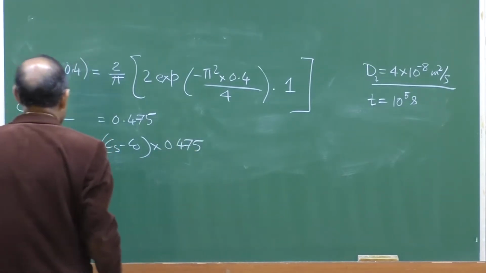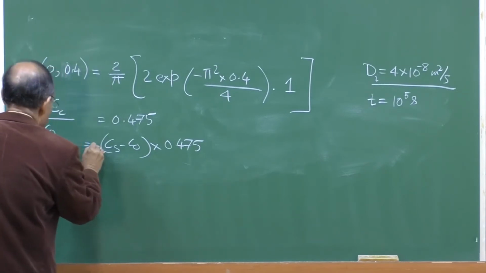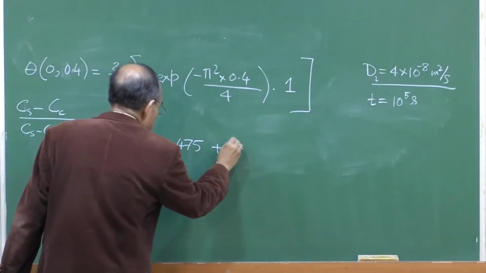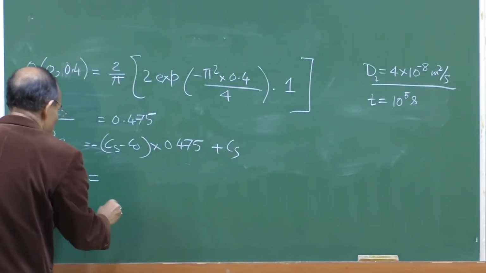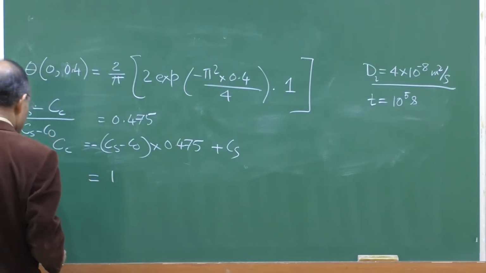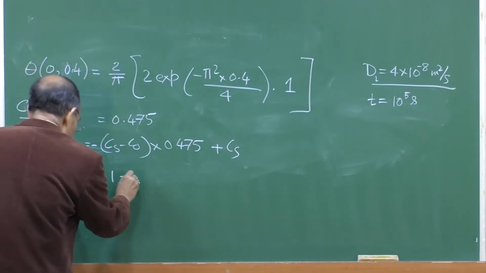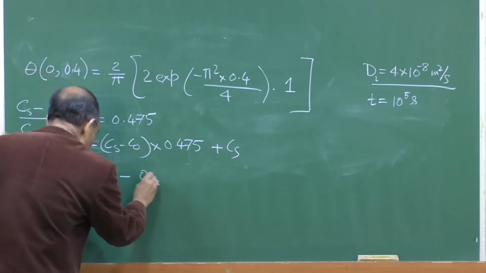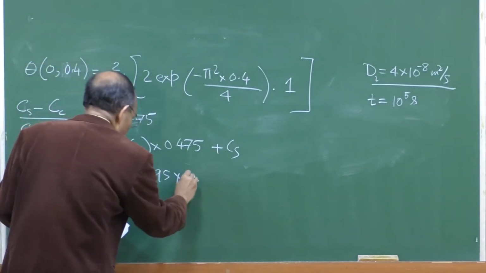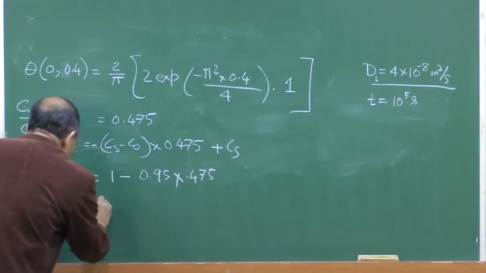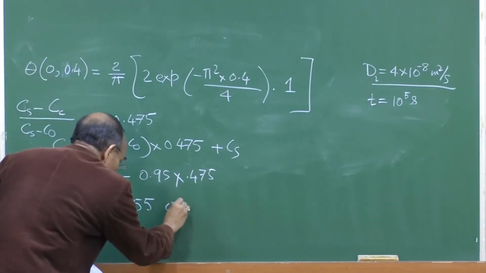Cs is 1 weight percentage, so Cc will be in the same unit, weight percentage, 1 minus 0.95 multiplied by 0.475, and the answer comes out to be 0.55, in terms of percentage.